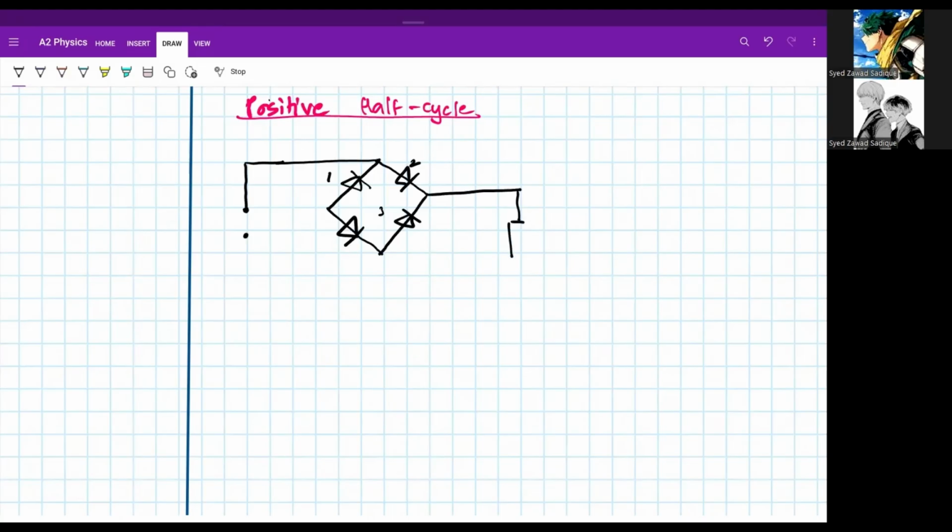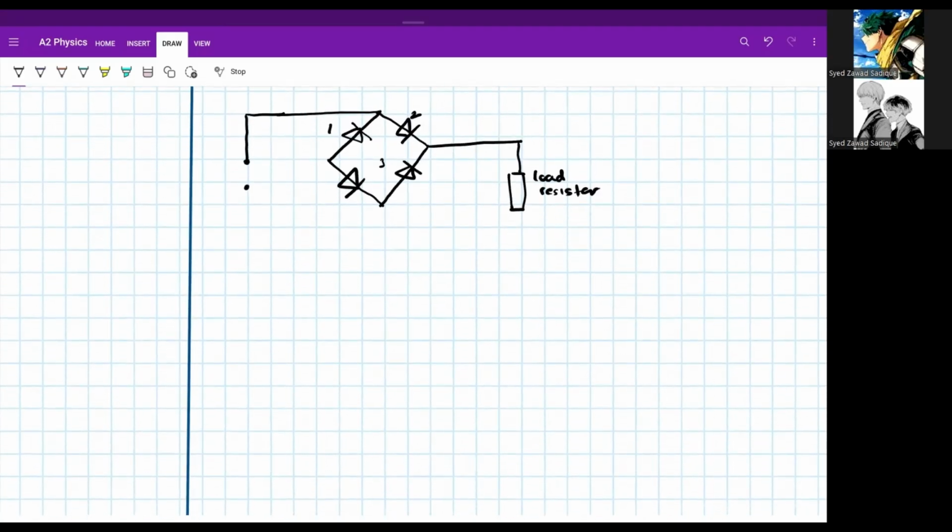This is the resistor. This is positive, negative. Again, alternating power supply. Now the load resistor as an extension to this point, which makes it like this.